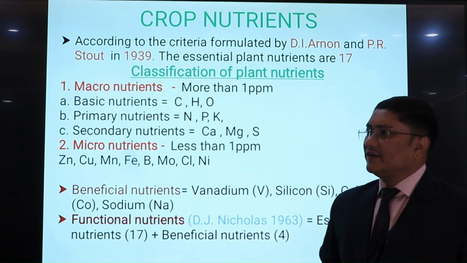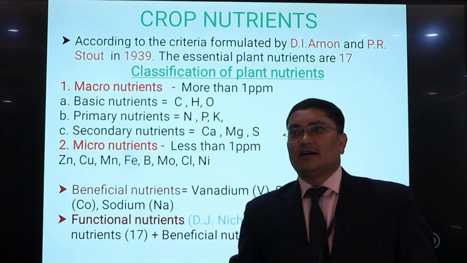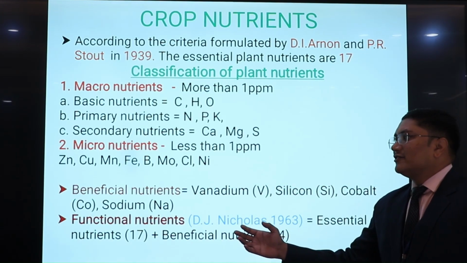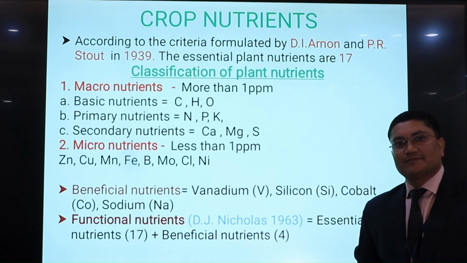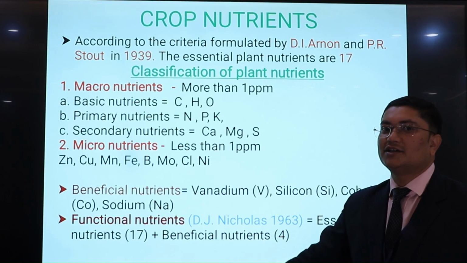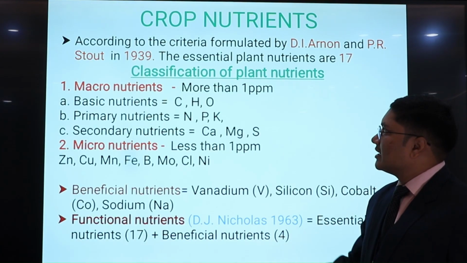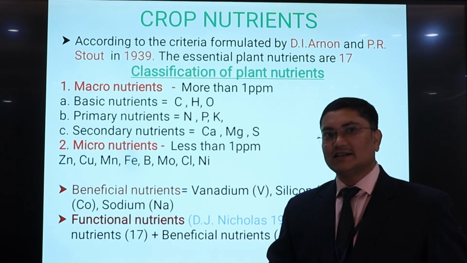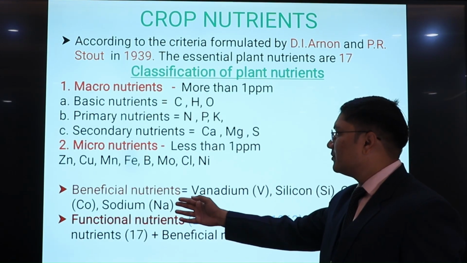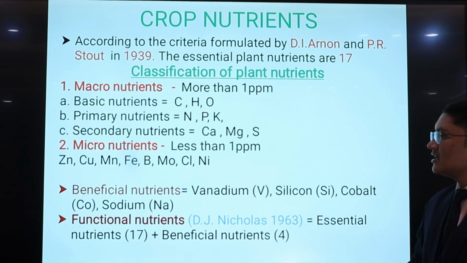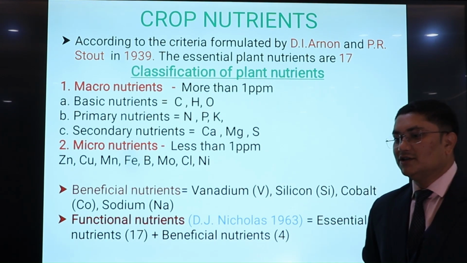Later, beyond the 17 discovered elements, in 1963 the term functional nutrients was defined. Nicholas added 4 more beneficial nutrients to the already defined 17 essential nutrients. These are vanadium, silicon, cobalt and sodium.